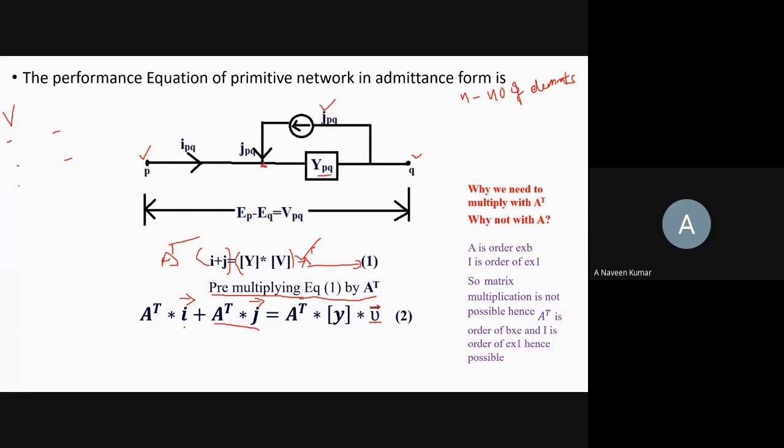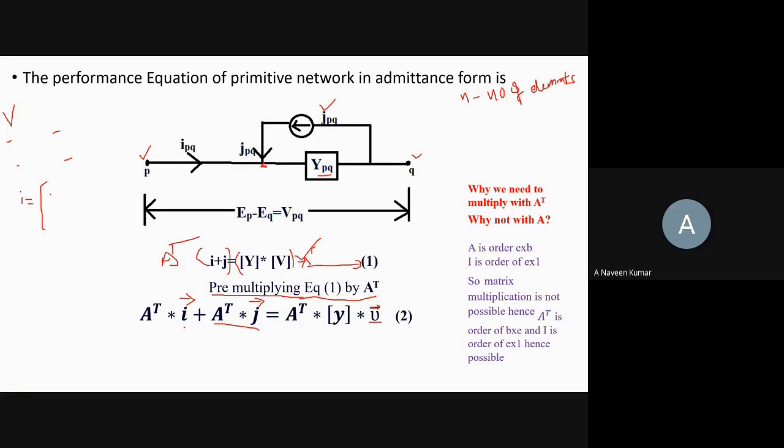For example, if it is a 3 bus system, then what is the I matrix? What is the order of the I matrix?